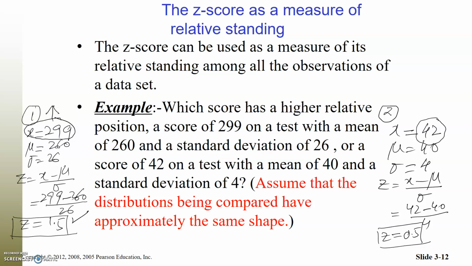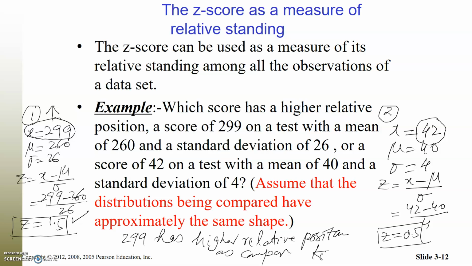The score of 42 has a lower relative standing if we compare it with this one. So we will say a score of 299 has a higher relative position as compared to a score of 42.